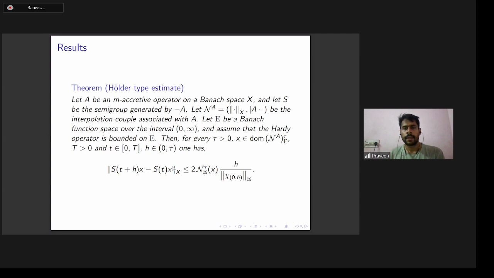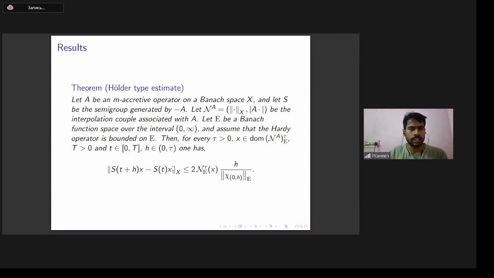As I already said, our solution satisfies a property in between Lipschitz continuity and continuity. When we work on it closely, we find that the solution of the homogeneous Cauchy problem satisfies a Holder type estimate.